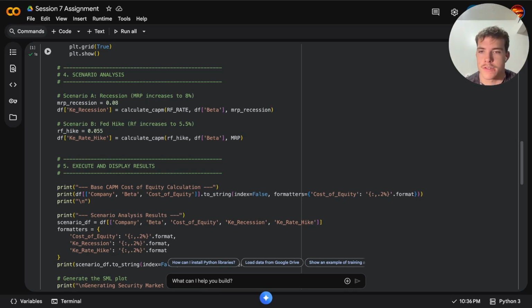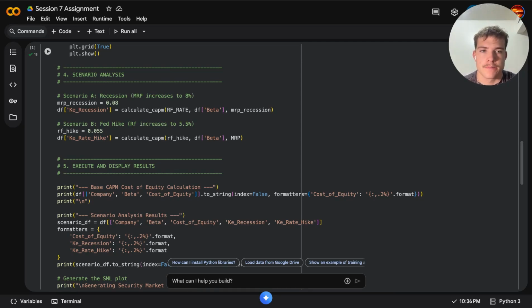And then for our second scenario, we've shown that as inflation remains high, the Fed may raise rates even further. So we're going to show that increases to 5.5%.